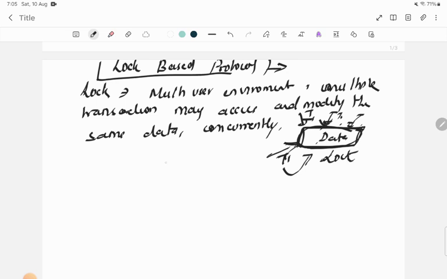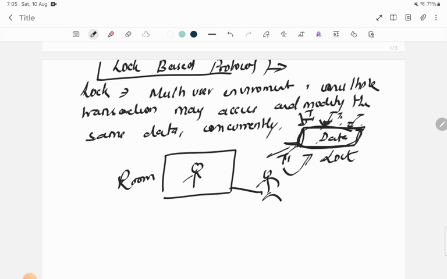It's very similar to using a room: if you don't want any other person to enter, you go inside and put a lock on the door so that no one enters and disturbs you. In the same way, if any transaction is going to use any data or resource, it uses a lock so that no other transaction will come and update this data at the same time. This is called a lock.